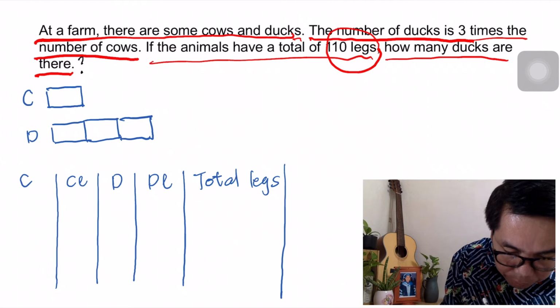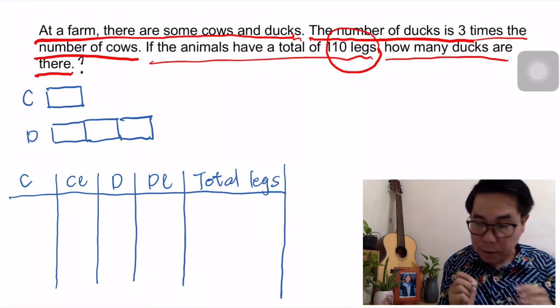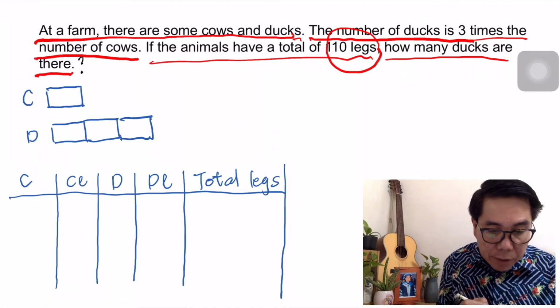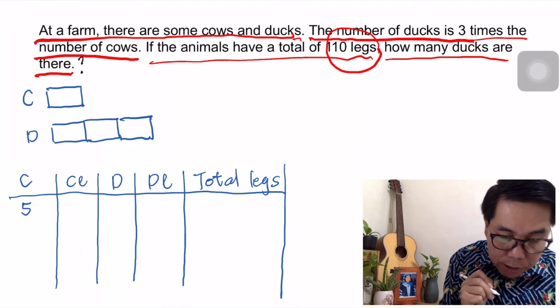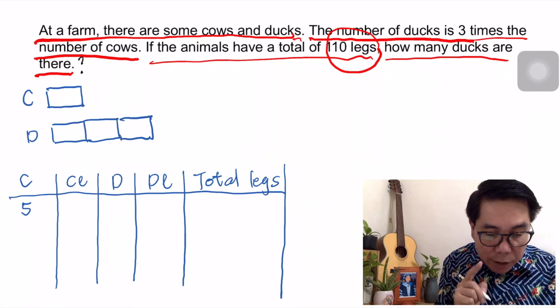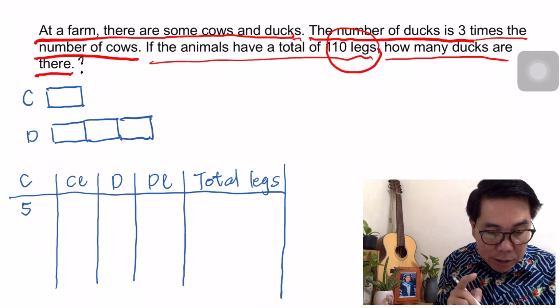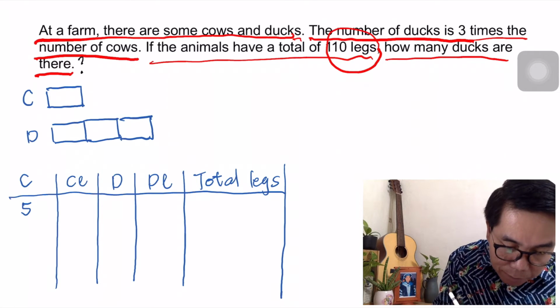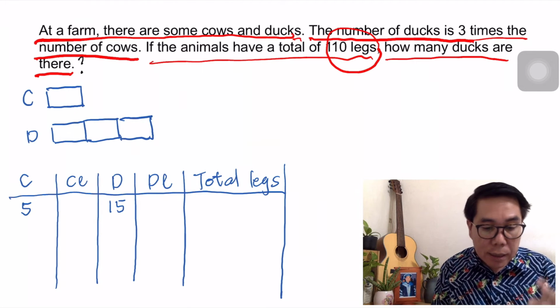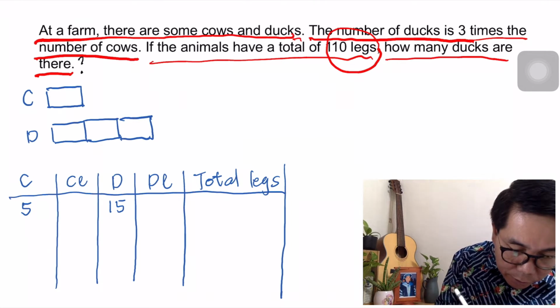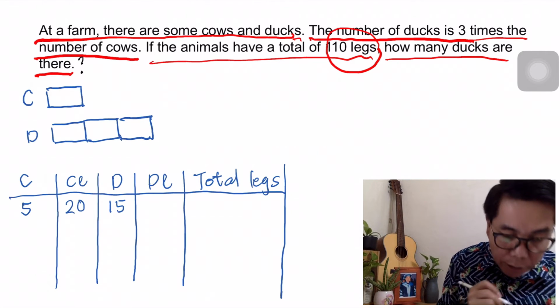Now, we have to try. Let's say if there are five cows. For the ducks, 5 times 3, because it's always 3 times. So 5 times 3 is 15. Now, cow has 4 legs. So 5 times 4, there are 20 legs for the cow.